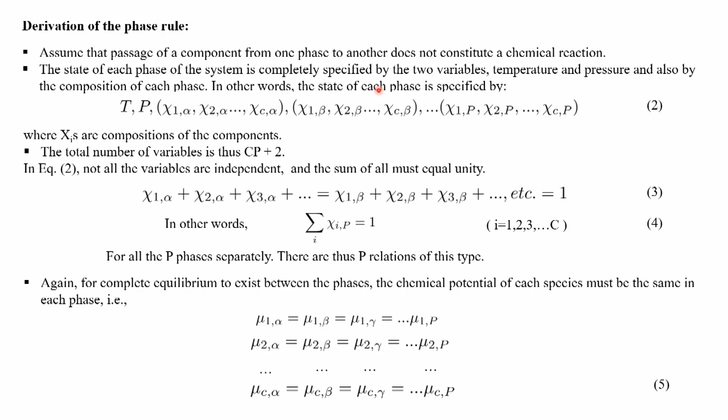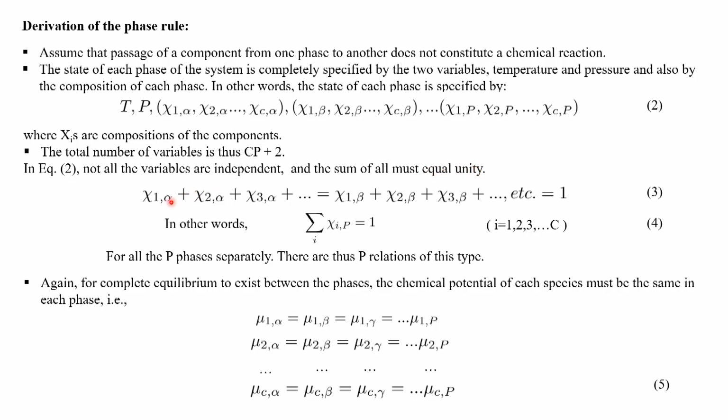In other words, the state of each phase is specified by temperature and pressure as mentioned before, and by x1, x2 and so on, where the xi's are the compositions of the components. So, the total number of variables is thus C times P plus 2. In this equation, not all the variables are independent, and the sum of all must equal unity.